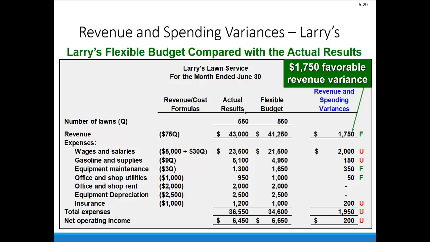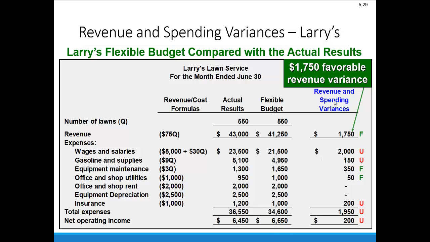He had mowed the 550 lawns, he had billed customers $43,000, and he was showing net income of $6,450. We'll compare that to the flex budget, which is what revenue and costs should have been given his actual level of activity of 550 lawns. Recall that revenue there was $41,250, all the way down to net income was $6,650.